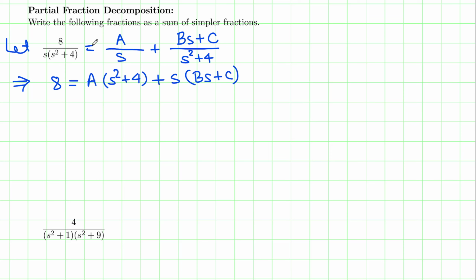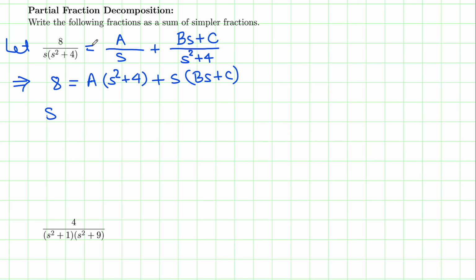Now this is true for any value of s, so we can take some values so that we can isolate a, b and c. One of many ways is let's combine these and go from there.